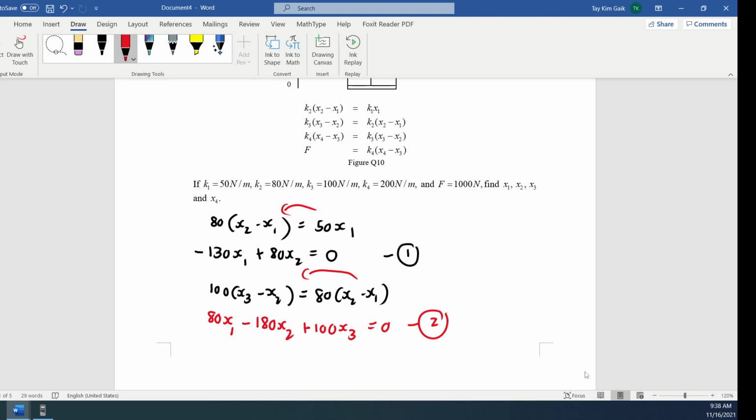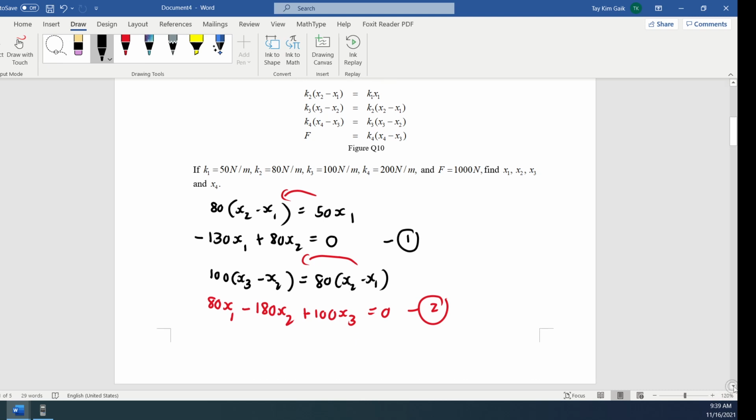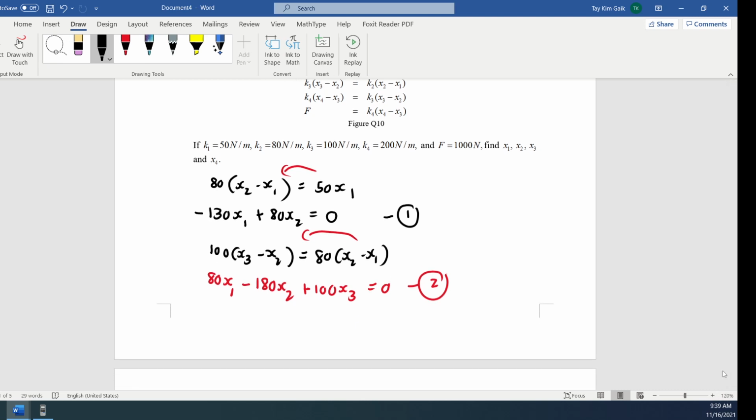When you expand or collect, make sure you double check before you solve the system of linear equations. Now go to the third equation, plug in K4 is 200. So K4 200 times (x4 minus x3), and K3 is 100 times (x3 minus x2).